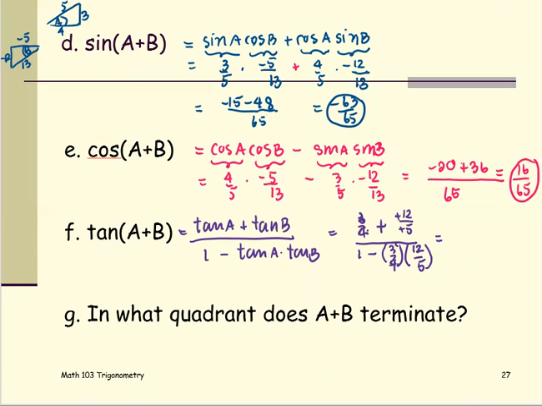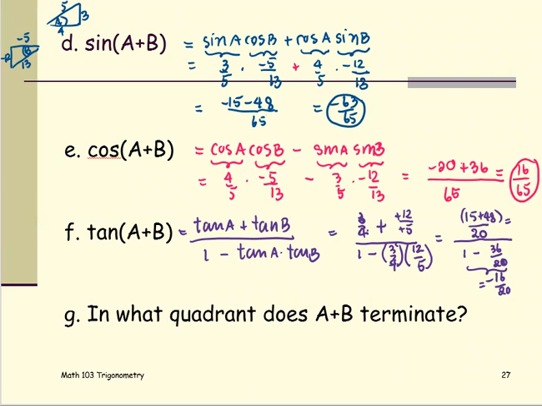And simplify the numbers. For the numerator, we have the common denominator 20, and the numerator will be the sum of 15 and 48. For the denominator, we have 1 minus this, which you can rewrite as 36 divided by 20. And that will give us negative 16 over 20 for the fraction of the denominator. Now we're going to rewrite it to get out of the complex fraction.